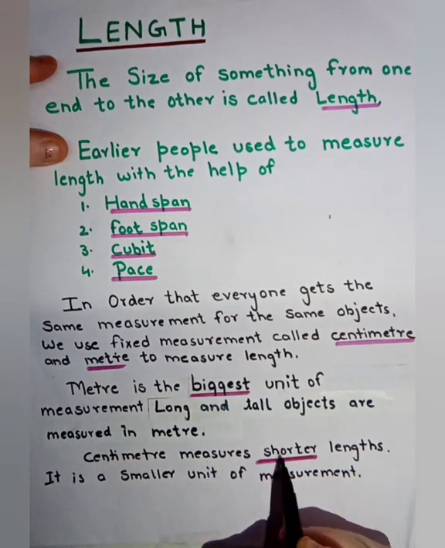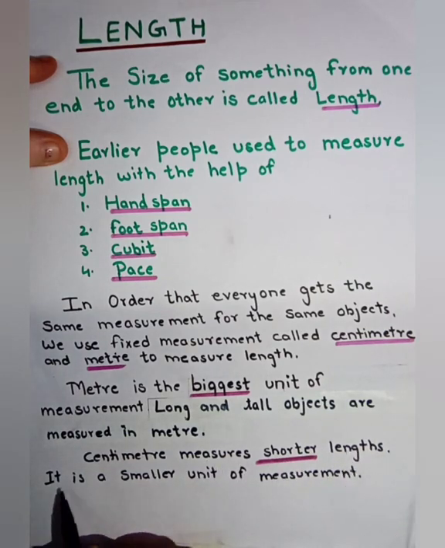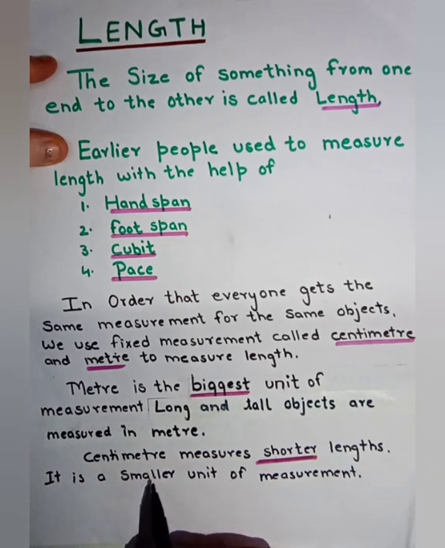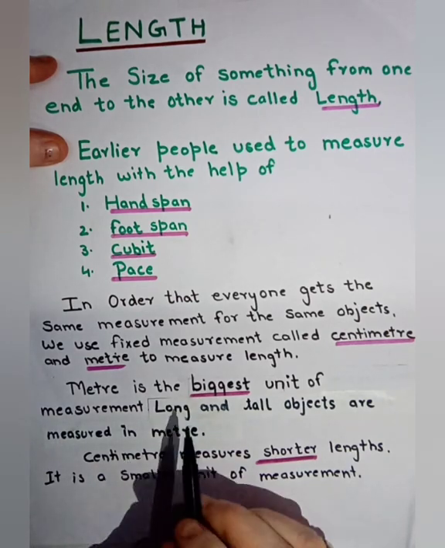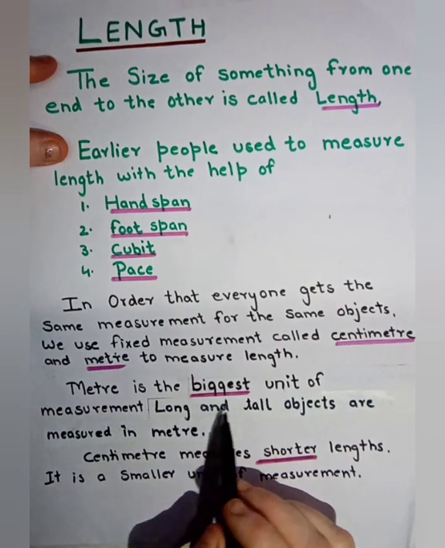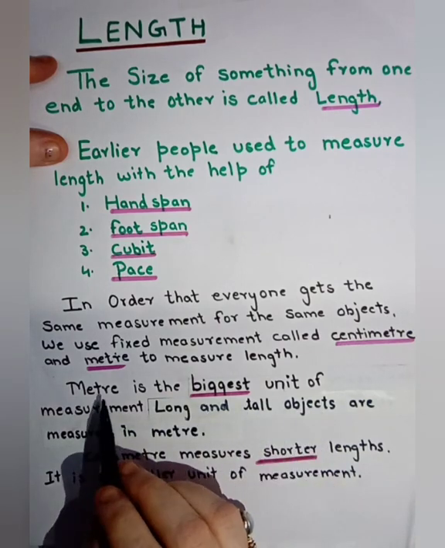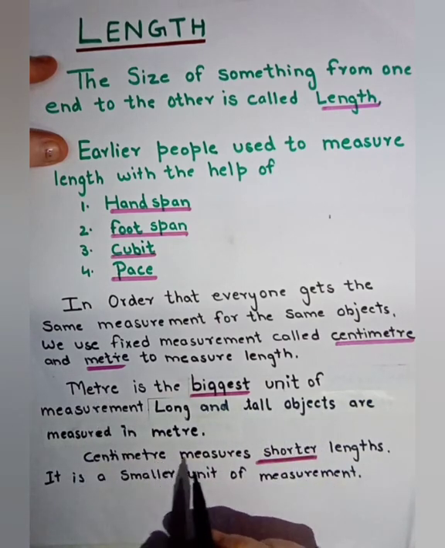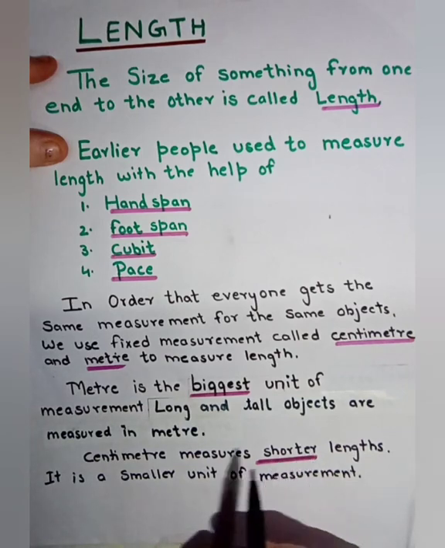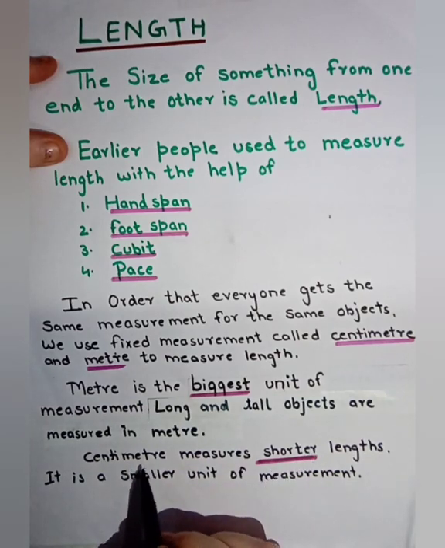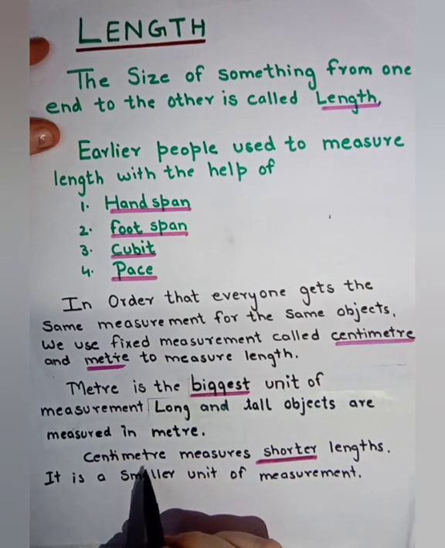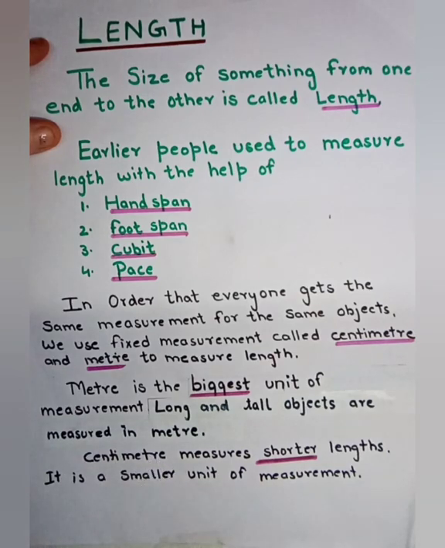It is a smaller unit of measurement. All the objects which are long and tall, we are measuring in meter scale. And the objects which are shorter, we are measuring in centimeter scale. Yes? Easy? Okay?